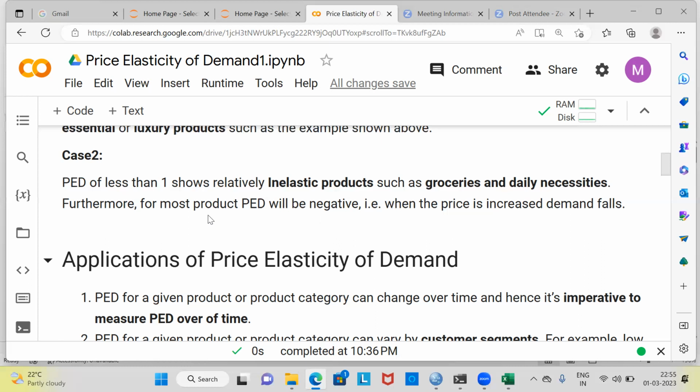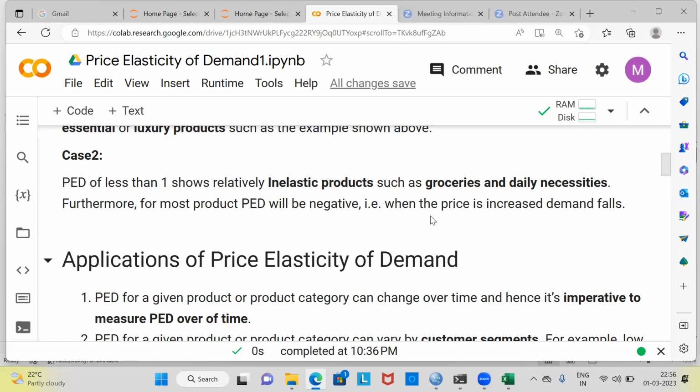Why do we say that for most of the products, PED will be negative? This is because the moment you increase price, in other words, if price increases, it simply means that you're making a product more expensive. If you make any product more expensive, consumer psychology is such that they buy lesser and lesser of such a product.